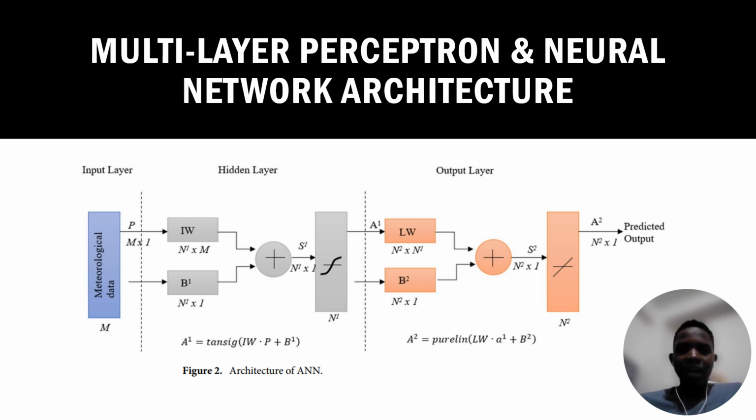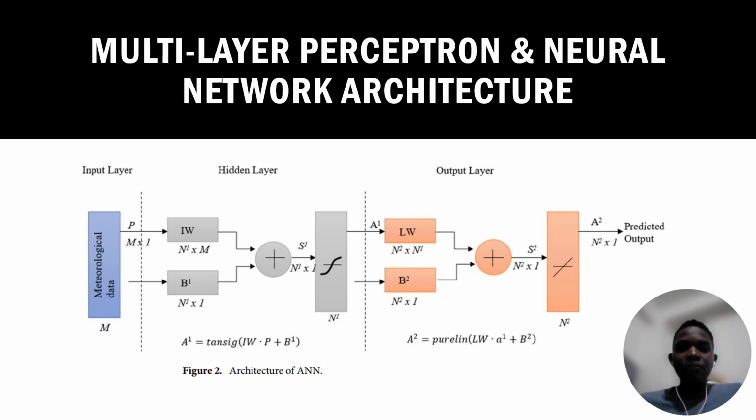to take note of in the architecture that we can see there is that N1 represents the number of neurons in the input layer, while M represents the number of elements in the input layer.